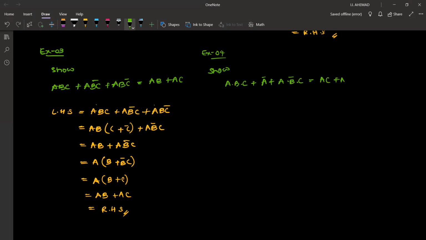Are you okay with example 3? Try the next one.